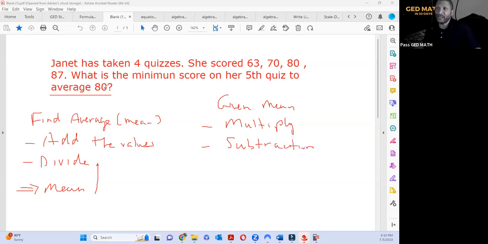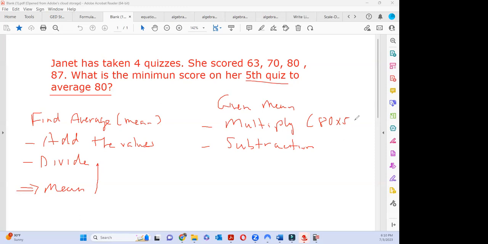If we have the average of 80, we know how many quizzes she's going to take. So that's 80 times 5, which will give you 400.